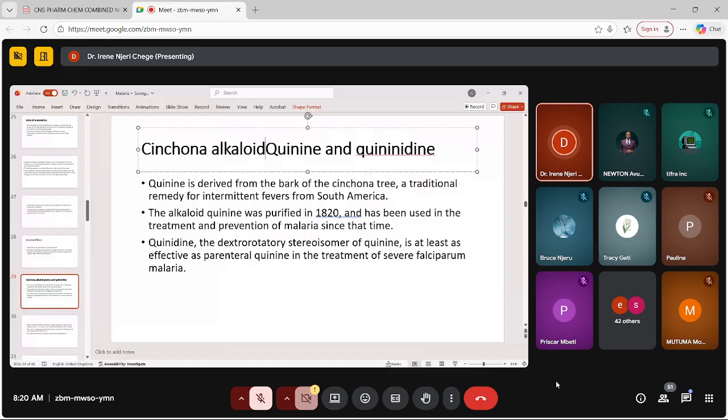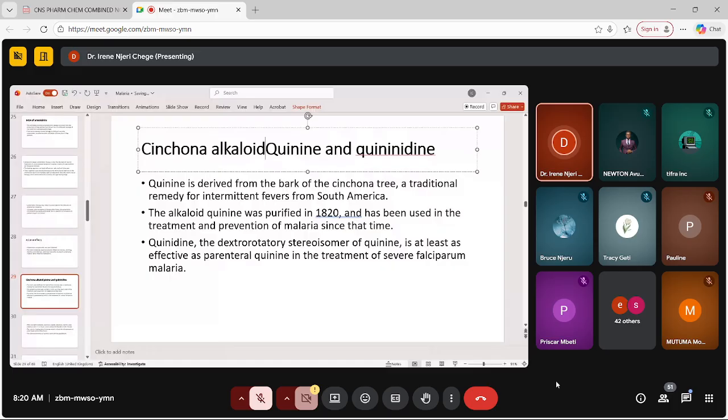The half-life of quinine is longer in those with severe malaria, 18 hours, and in healthy people it's about 11 hours. Quinidine has a shorter half-life than quinine because of decreased protein binding. Quinine is primarily metabolized in the liver and excreted through the kidneys.